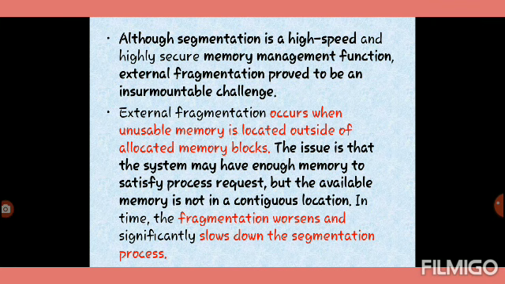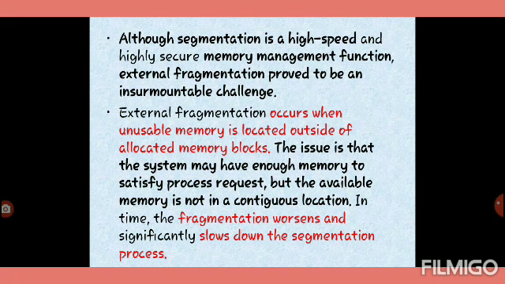Although segmentation is considered to be higher speed compared to paging, external fragmentation is there in segmentation. So what is external fragmentation? When a segment is divided, the segment will be dedicated for a process. So when unused memory is there inside a segment, and another portion is there outside the segment, the free spaces are scattered.